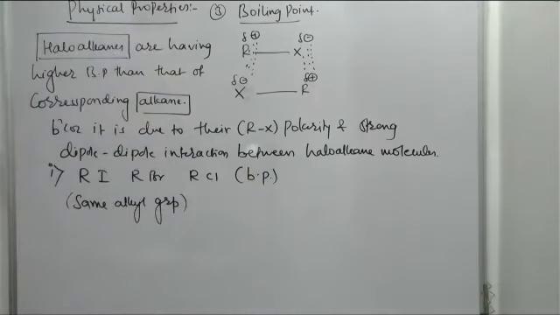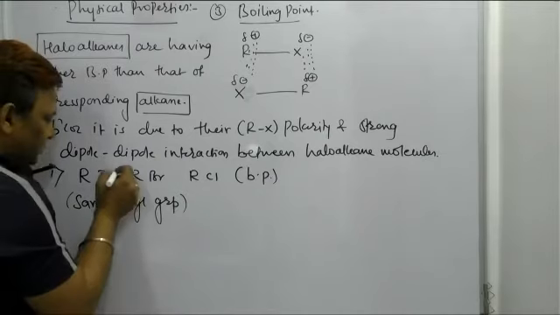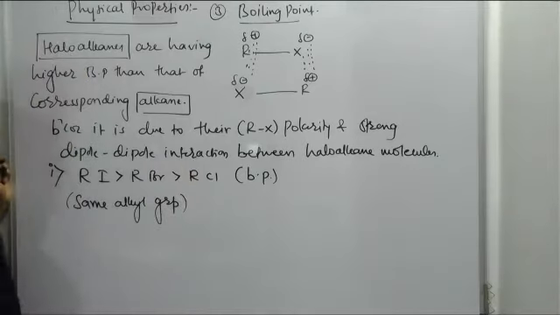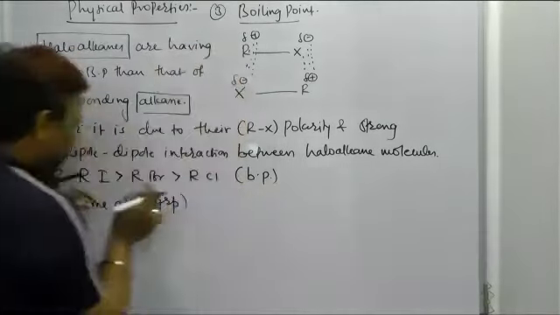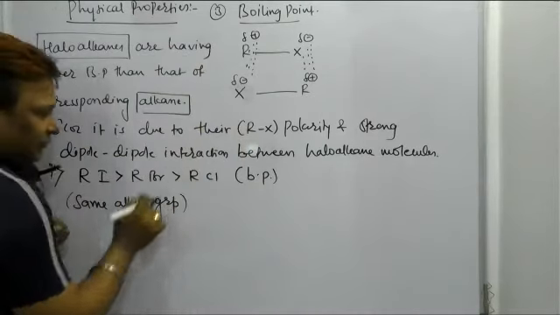Check the order of boiling point, beta. The boiling point will decrease in this order. Why, beta? Because the mass decreases, right? So I should say this is the order of boiling point. That means boiling point is greater for iodine and smaller for chlorine.